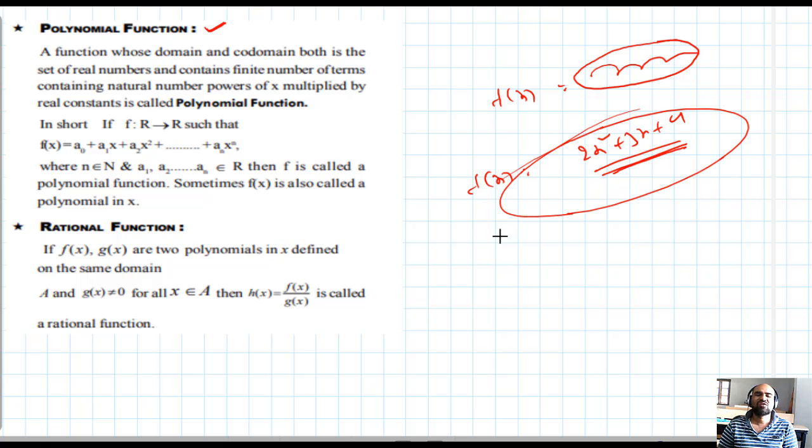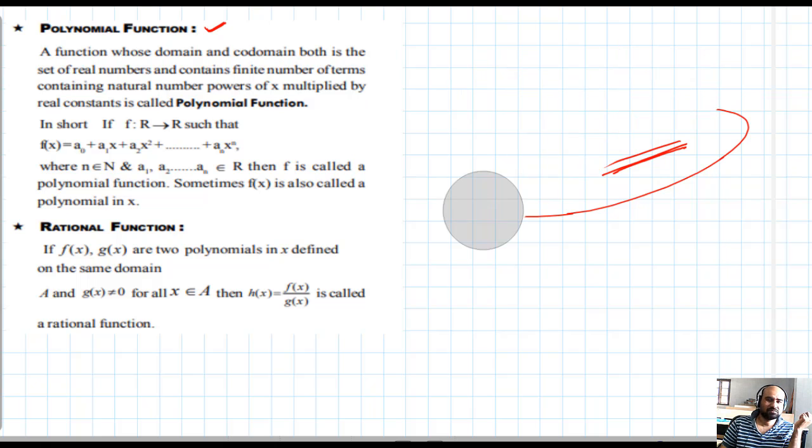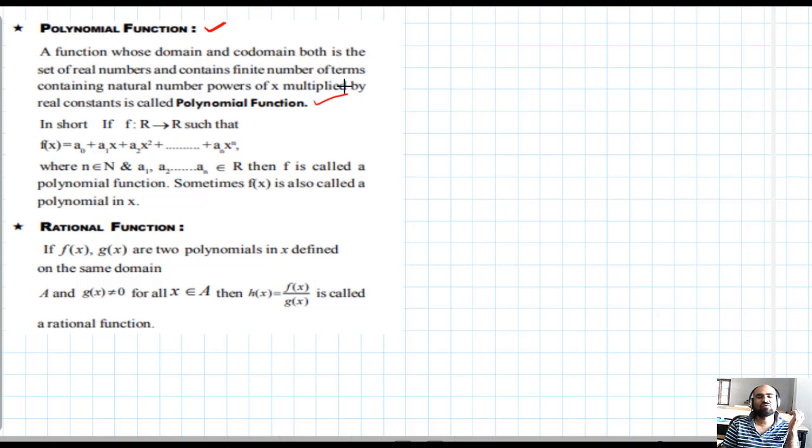That's why this function is called a polynomial function. A function whose domain and codomain are both the set of real numbers and contains a finite number of terms containing natural number powers of x multiplied by real constants is called a polynomial function. Okay. This is about polynomial function.